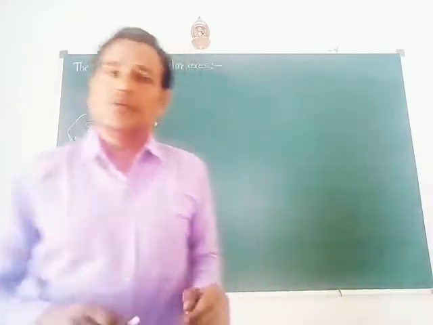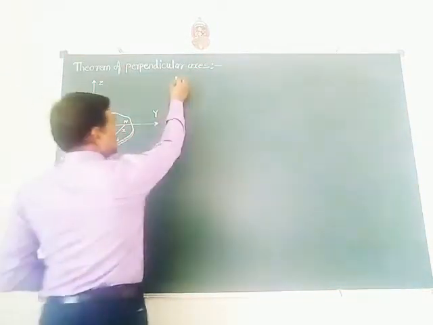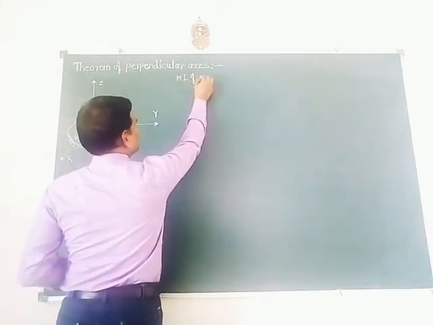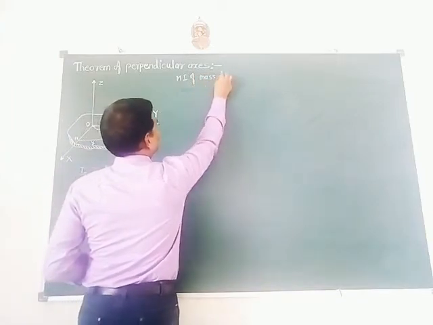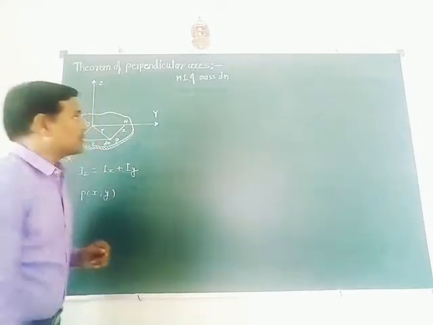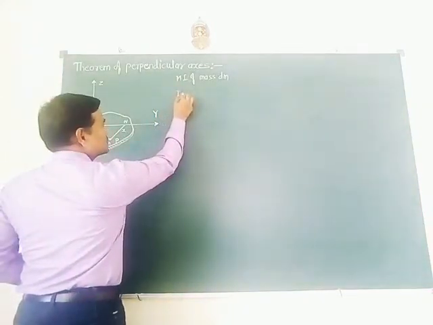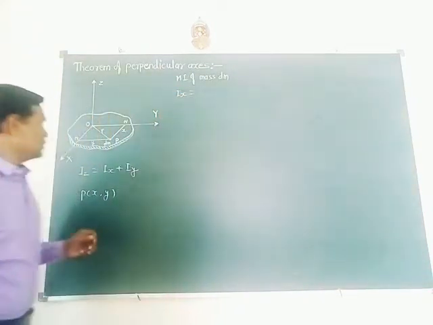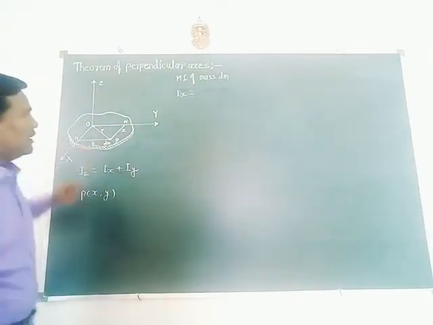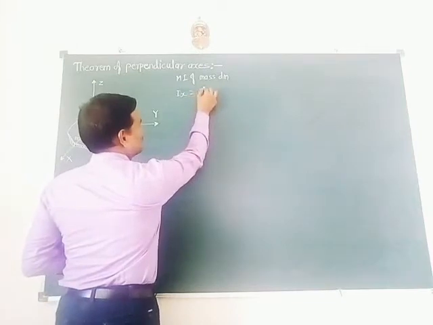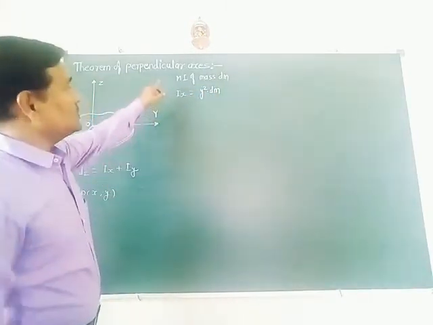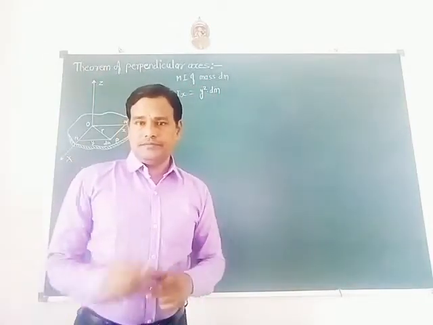Now we have to obtain the moment of inertia of mass dm about the x axis, that is Ix. What is the distance of this dm from the x axis? It is y. So we can write this as y square into dm. This is the moment of inertia of the element of mass dm.